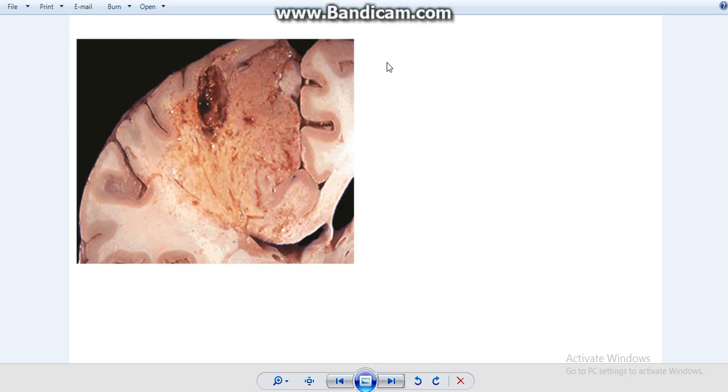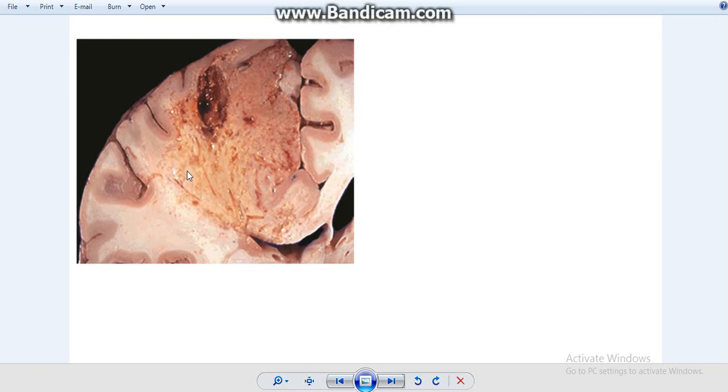Now, in cases of the brain, hypoxic injuries and ischemia to all tissues result in coagulative necrosis, except for the brain, because the brain, for some obscure reason, undergoes liquefactive necrosis. Basically, we can explain this in two ways.